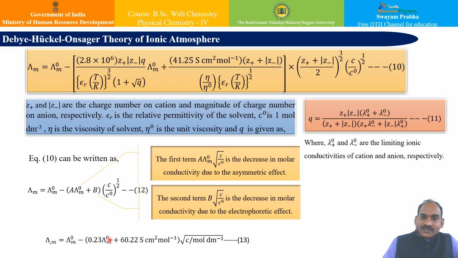In more concentrated solutions, the molar conductivity is usually higher than the value predicted from the Onsager equation. So all in all, the Onsager equation is valid only for dilute solutions, say up to 0.02 molar.